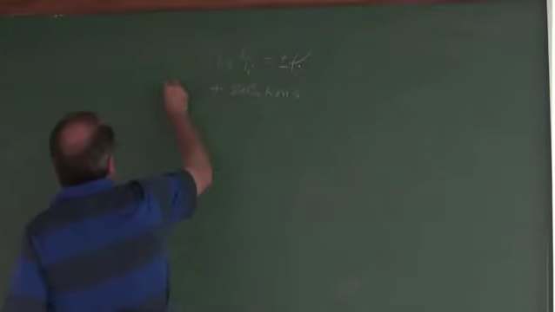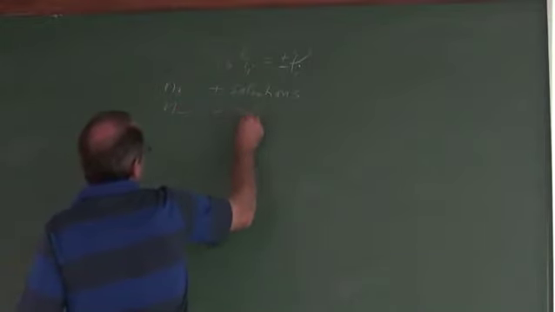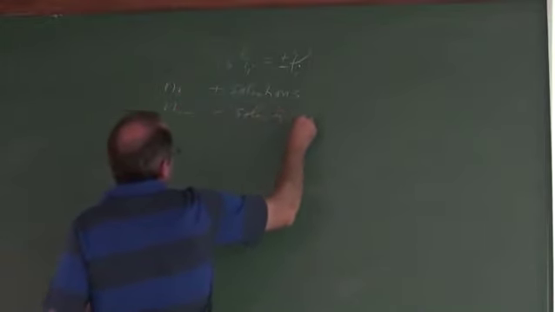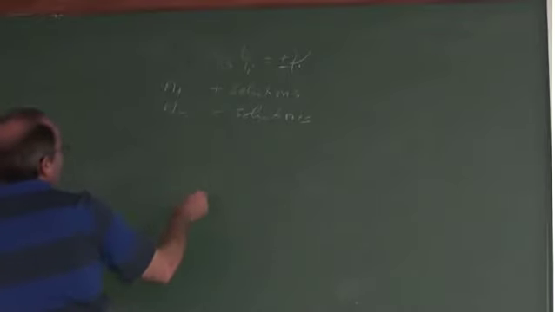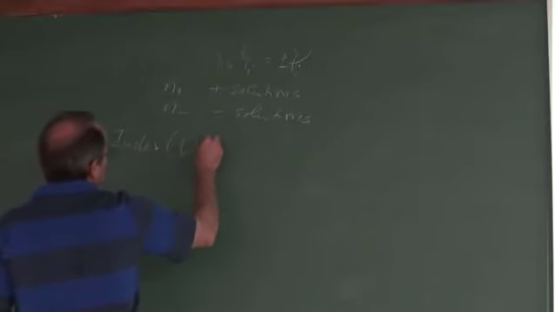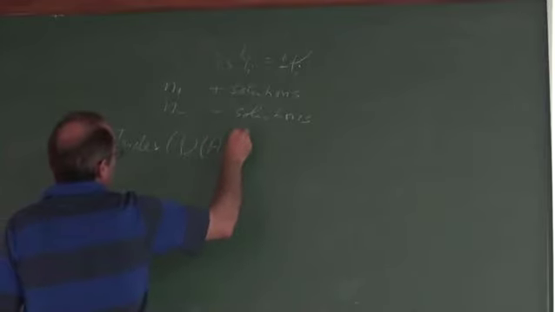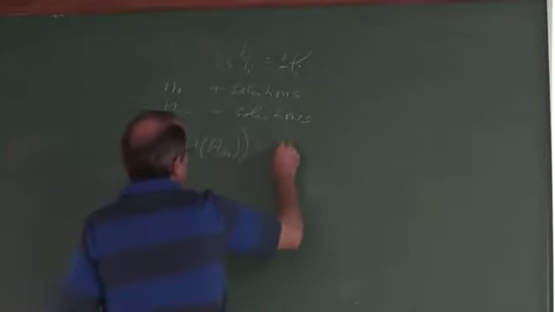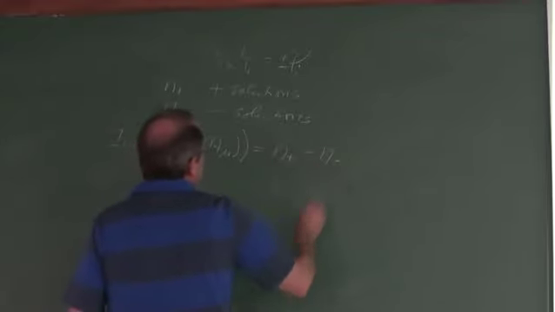Let's say we have n plus solutions and n minus solutions. Then the index of the Dirac operator for a given gauge configuration, index of D, is n plus minus n minus.